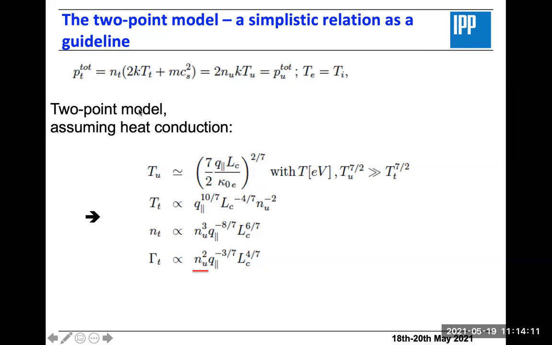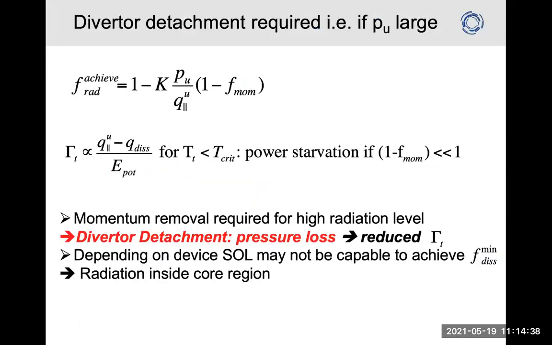There's something called the two-point model that essentially assumes that the target temperature is lower than the upstream temperature, and that recycling magically occurs somehow without being forced to take into account the energy losses from the recycling. So recycling is happening in this model, but the power limitation on how much you can recycle isn't taken into account in this simplified two-point model.